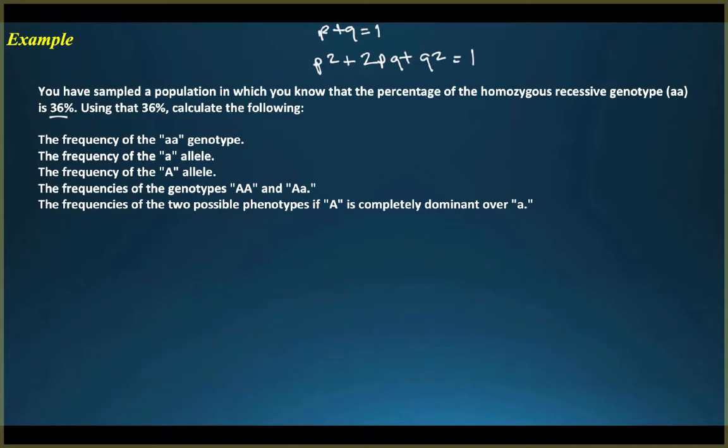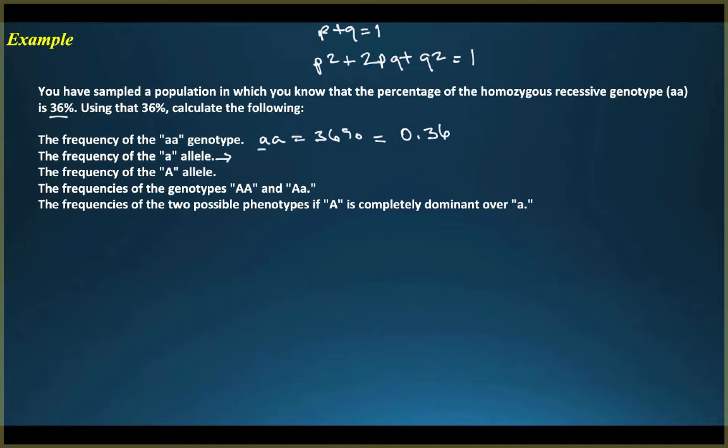So it's given. So the little a genotype is 36%. Now, we can write this in decimal form, which would be 0.36, which will help for the second question, which says the frequency of the A allele.